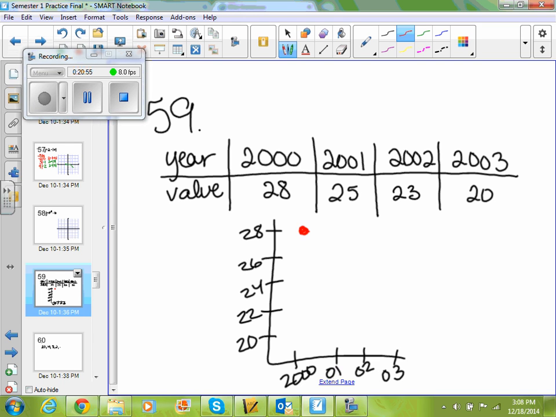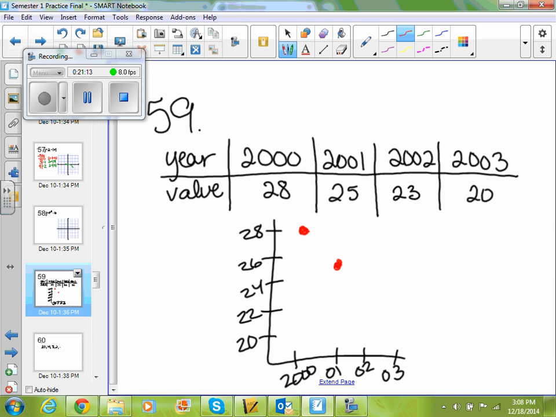2001 corresponds to what number? What number corresponds to 2000? 2001, which number corresponds to that? What's my value? 25. So I'm going to go up to 25.